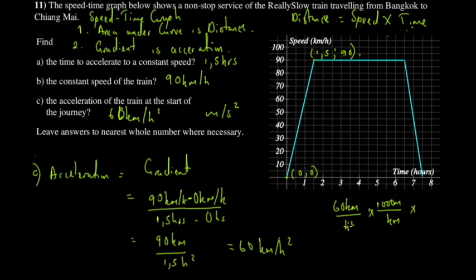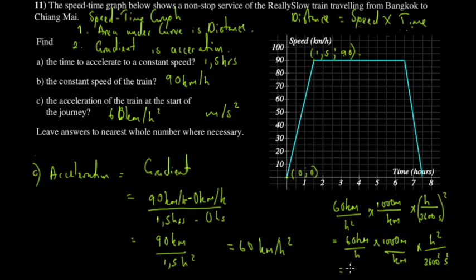Then you also have to change the hours to seconds. 1 hour is equal to 3600 seconds. Since we want hour squared, this one should be squared. So 60 kilometers per hour multiplied by 1000 meters per kilometer multiplied by h squared per 3600 squared s squared.